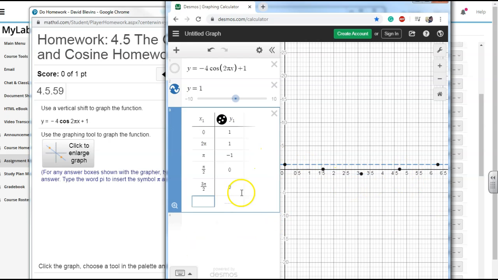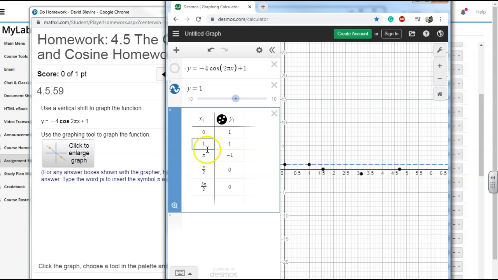Okay, but we're shifting these things around. We're going to get all these different values. So let's do the same thing that we did before. Let's fix the period. The period is affected by the number in front of x. So the period's 2 pi divided by this number in front of x. So 2 pi divided by 2 pi is 1. So that means that this is going to take place between 0 and 1.